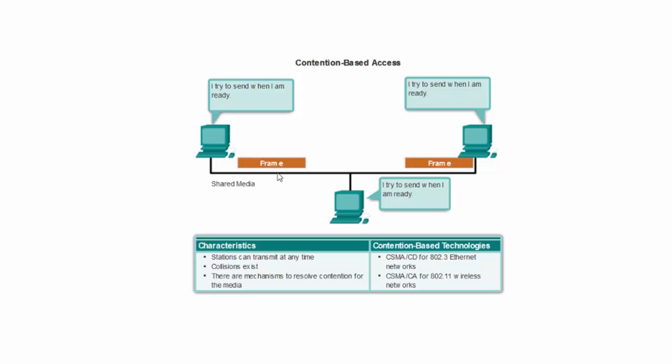If there is a collision on the line, the energy level on the line will tend to be very high, in which case we detect that there is a collision and we stop transmission and we wait until the line is totally clear. If there is no collision, then we declare that the transmission of this frame is successful and we move on to the next frame.